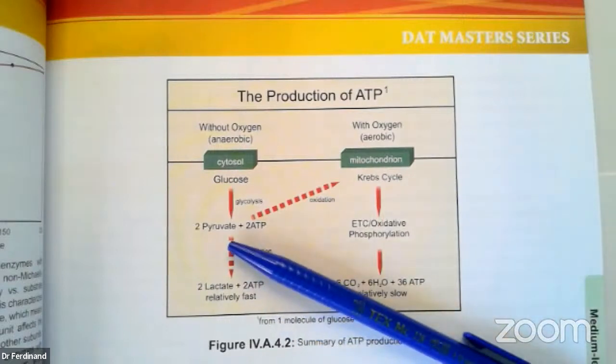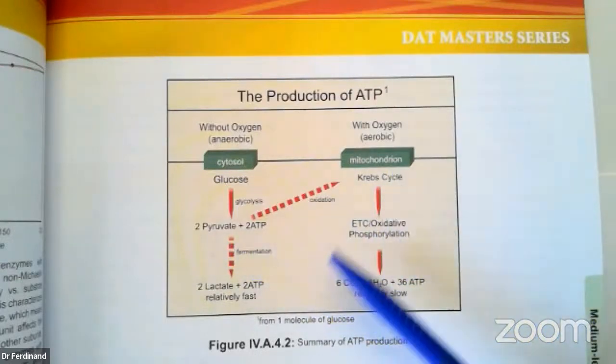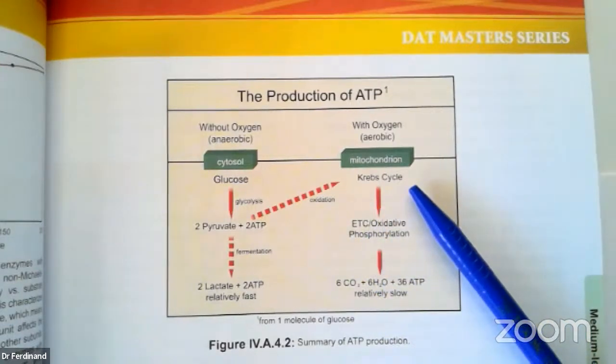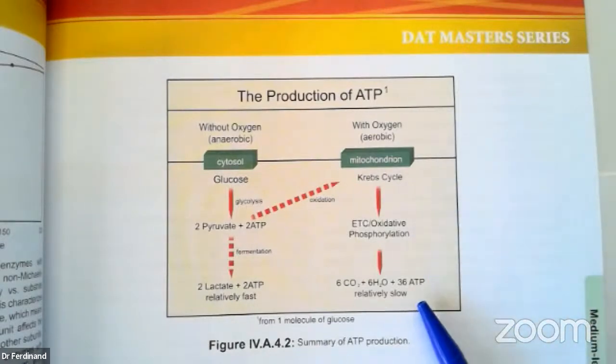However, if there is sufficient oxygen available, then pyruvate can go to acetyl coenzyme A into the mitochondria, and we can have a slower system of biochemical events, but it is far more efficient in terms of the production of ATP. And here we have the waste products of the oxidation of glucose.